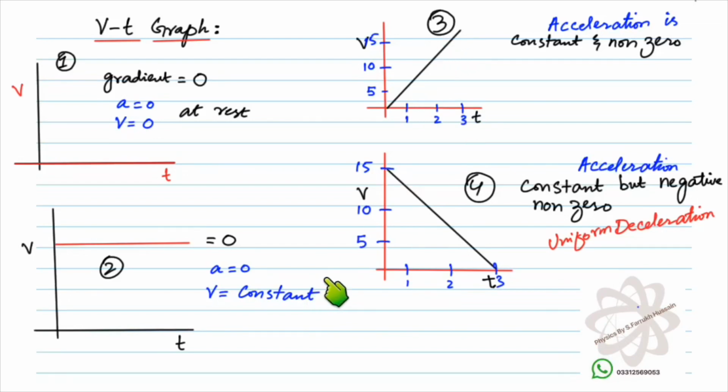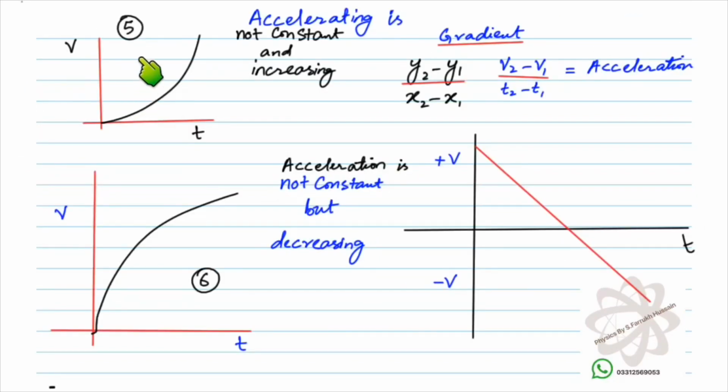In example number 4, the gradient is negative because the value of y is constantly decreasing, but the line is straight, which means that this is uniform deceleration because the decrease in velocity is constant per unit time. In this case, the gradient is increasing, which means acceleration is increasing.